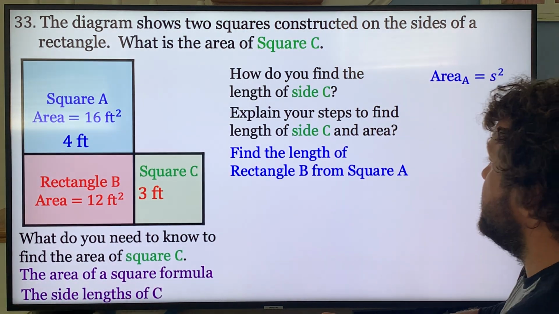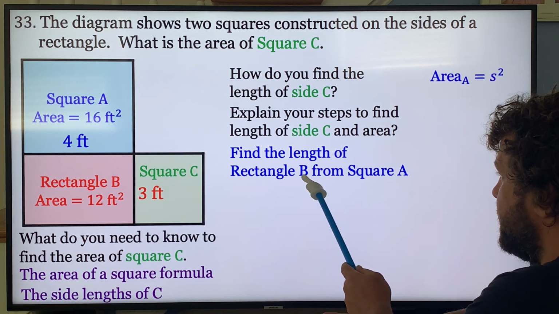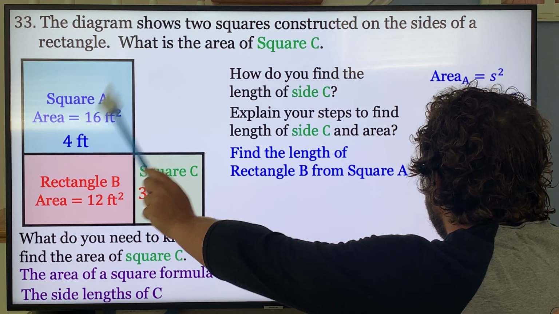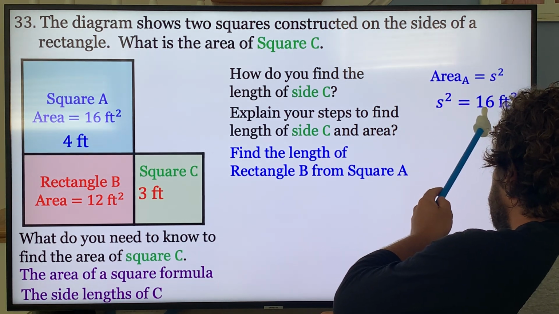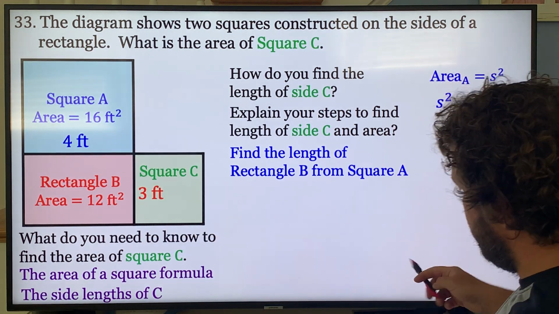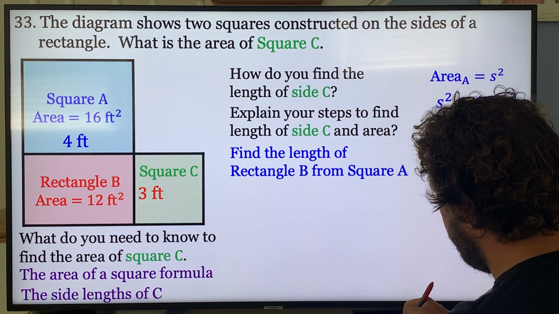Okay. So first thing I'm going to do is find the length of rectangle B from square A. Now, square A has an area of 16. So side squared is 16, square root of 16 is 4 feet. So all the sides of square A are 4 feet.